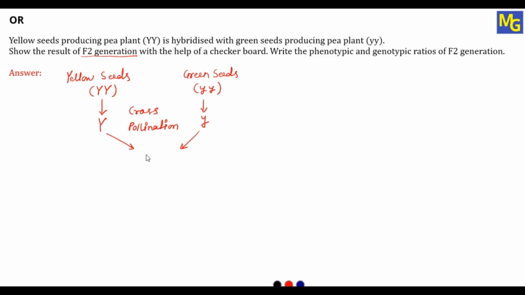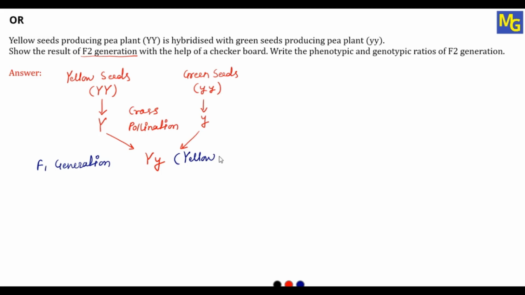And when we cross, we will get capital Y and small y. So this is the F1 generation. I'll write it here, F1 generation. Whatever plants we are going to get in this F1 generation, all plants will have yellow seeds.